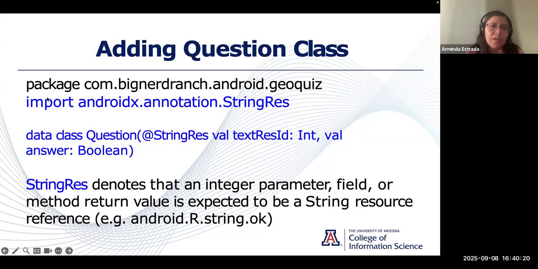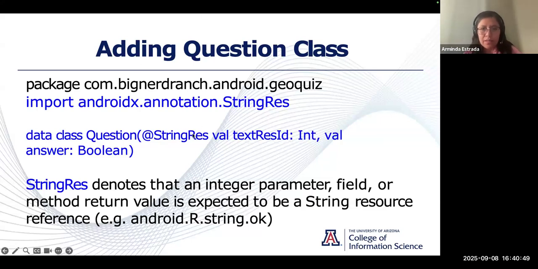Okay, so then we're going to import the components. In this case, we use the keyword import and then androidx.annotation.StringRes. So in here we have a data class called Question, and we're saying we're going to use the string resource from the resource folders that we have, and we've seen this before, the values that we use for the UI.